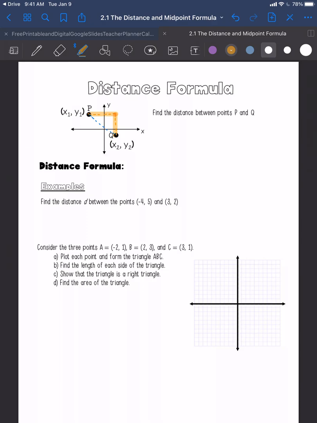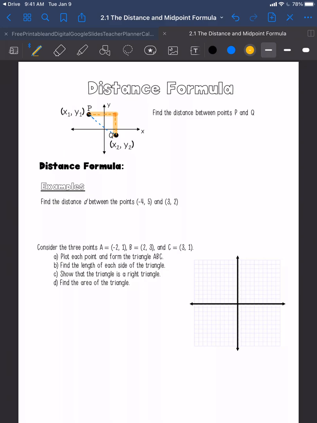You could use Pythagorean Theorem if you knew the vertical and the horizontal heights, and you could use Pythagorean Theorem to find that hypotenuse there. But we have the distance formula to kind of bypass that, and this formula stems from the Pythagorean Theorem.